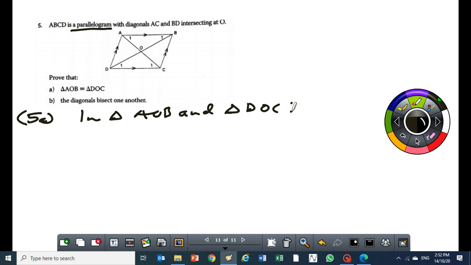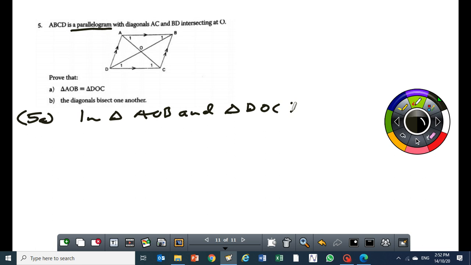You want to prove the congruency of two triangles. Okay? So, now if the triangles are named correctly in terms of the corresponding angles, then you can also use that. But remember, this is congruency, so we have to prove that any one of the four conditions are satisfied.